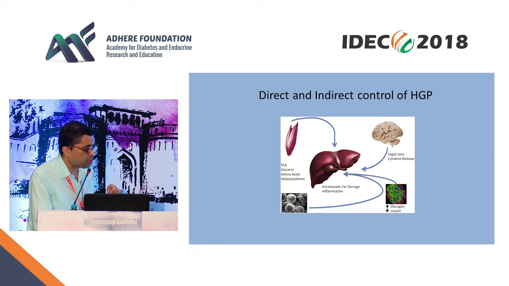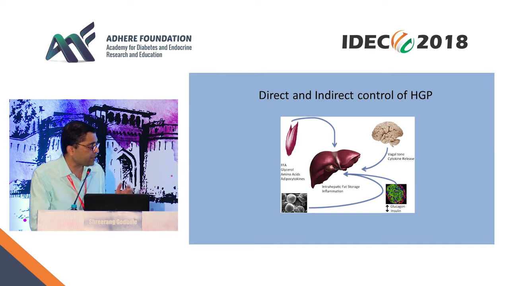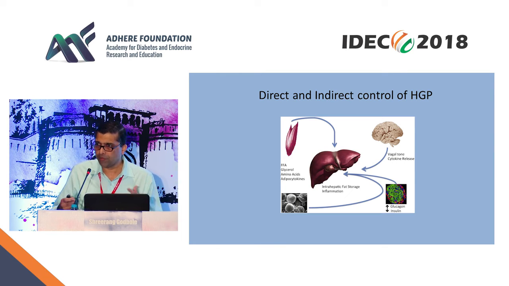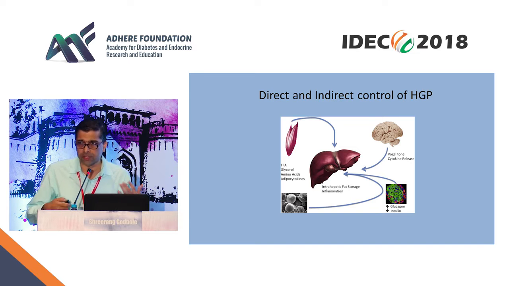You also have the ratio of glucagon and insulin, which influences hepatic glucose production. And you finally also have intrahepatic fat storage in the form of complex phospholipids accumulating in the liver, which influences hepatic glucose production. You also have accumulation of resident macrophages in the liver, which can influence hepatic glucose production.